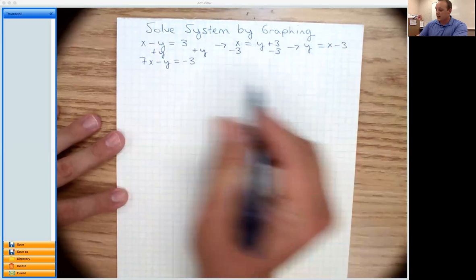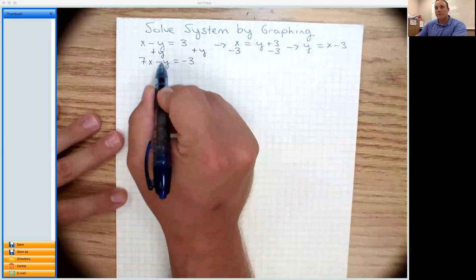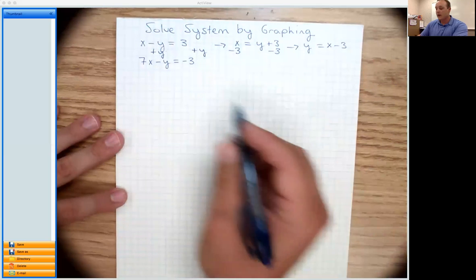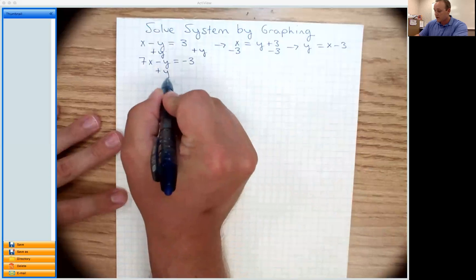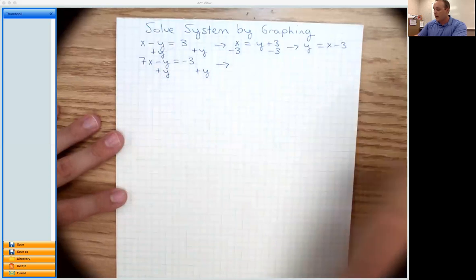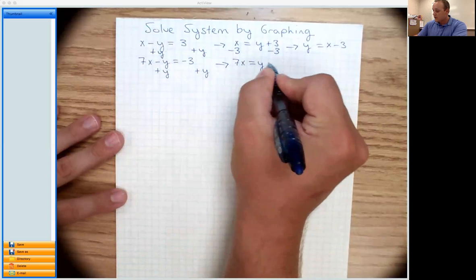Okay, then I have to do the same thing with this bottom equation. Since that's negative, I'm going to move it to the other side so it's positive, so I don't end up dividing by a negative at the end. So now I have 7x equals y minus 3.